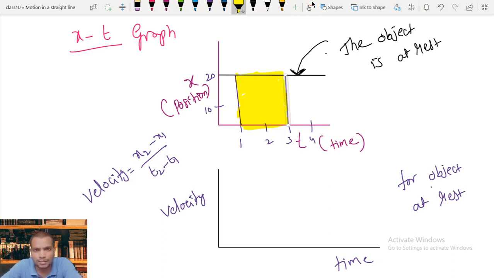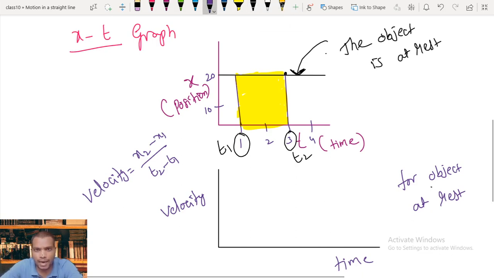If we substitute in this formula, 1 is the initial time t1 and 3 is the final time t2. The corresponding value here is x2 and the corresponding value here is x1. See, they both have the same value.